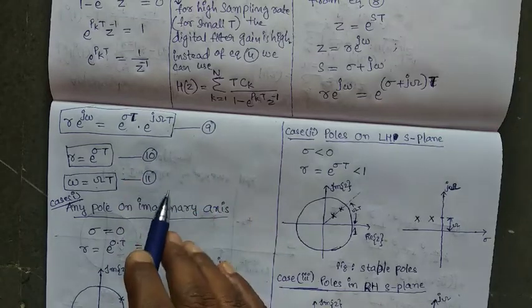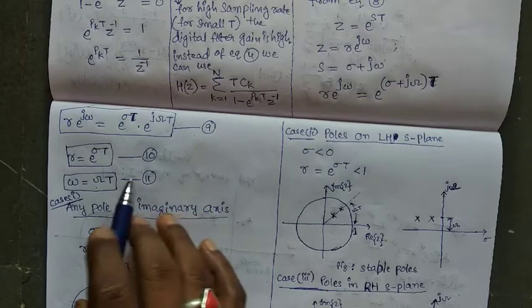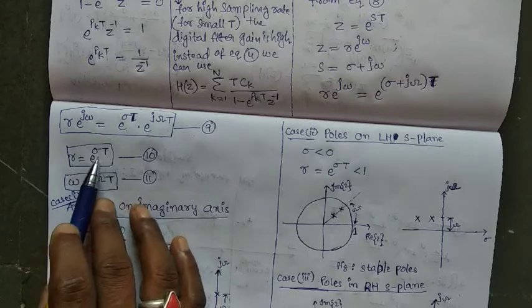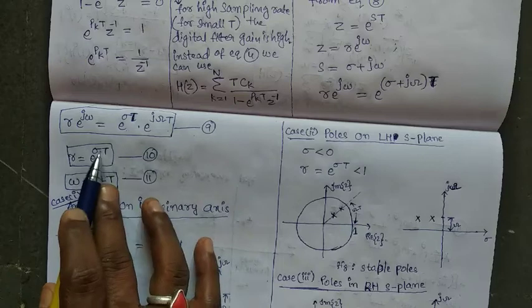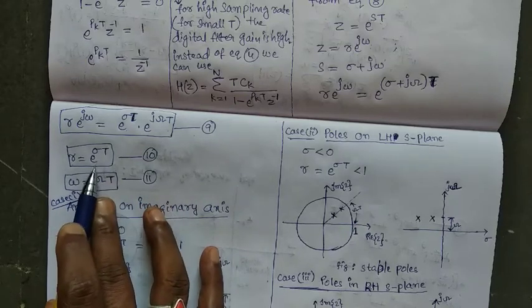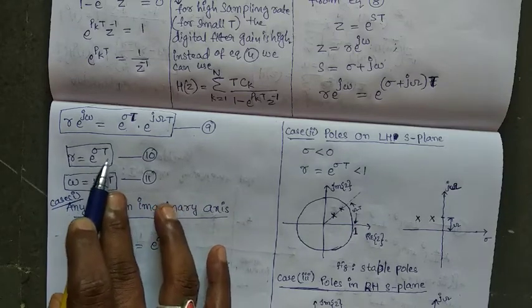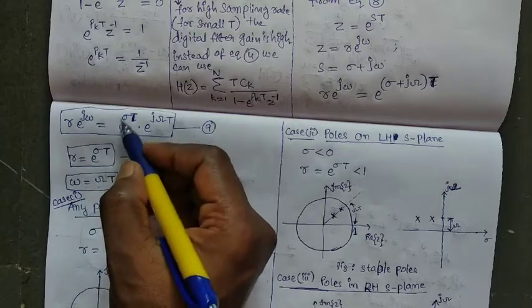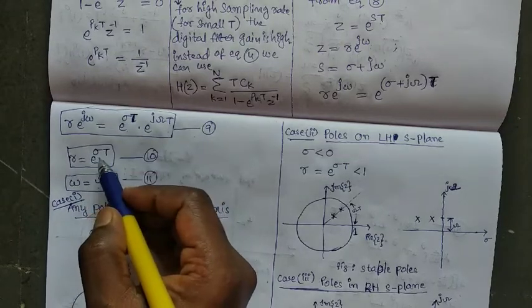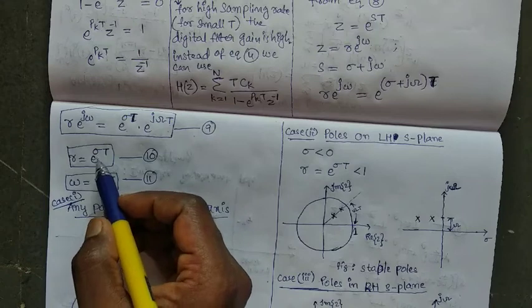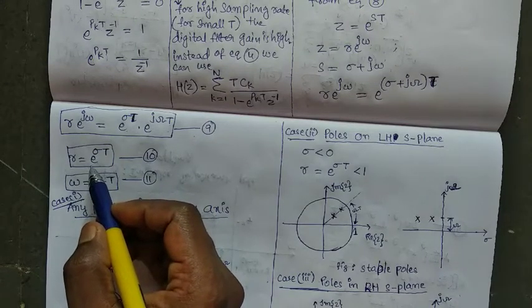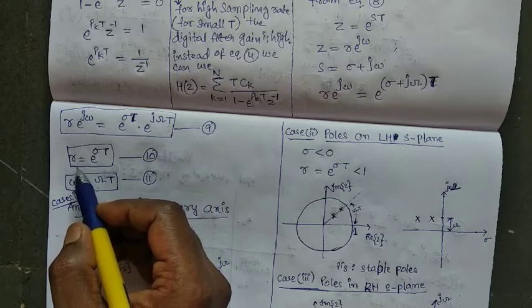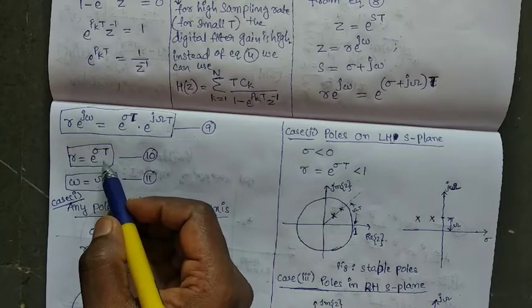This is the real part of the analog pole. What is this real part? Sigma. This sigma determines the radius of the z plane poles.